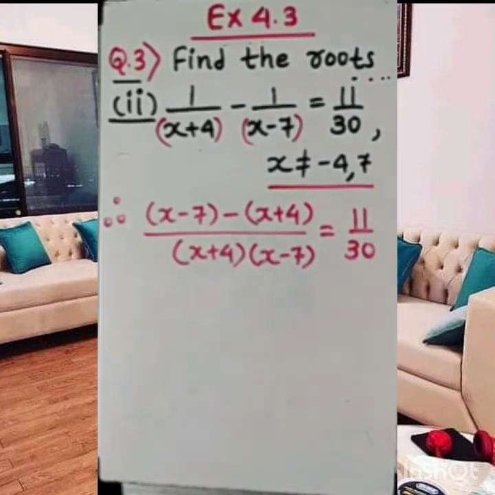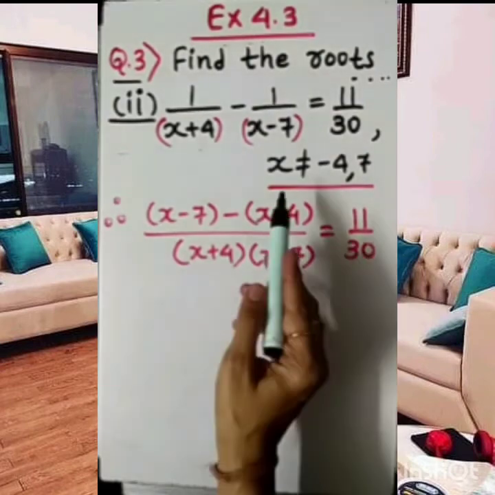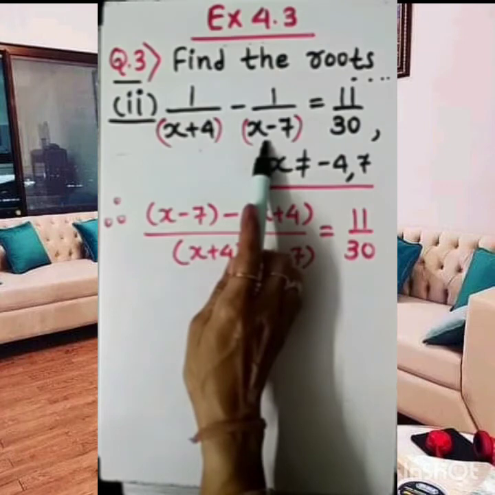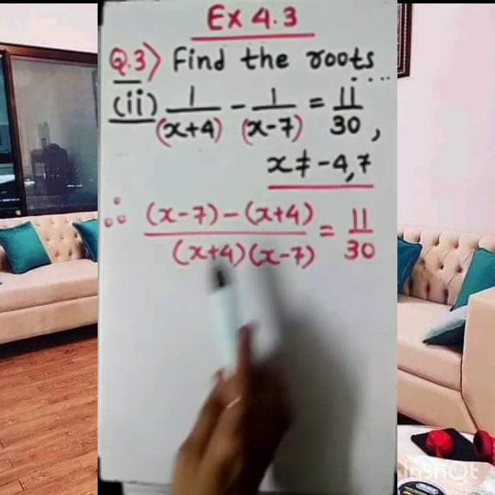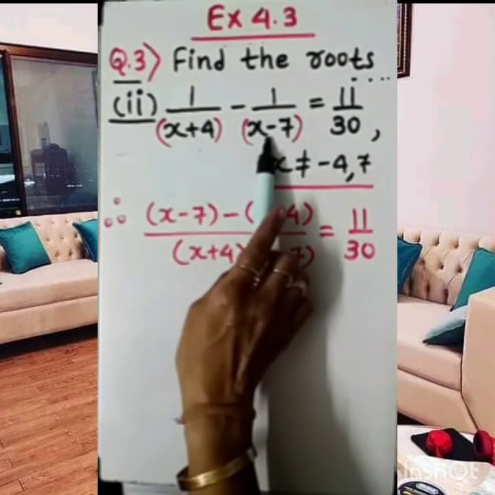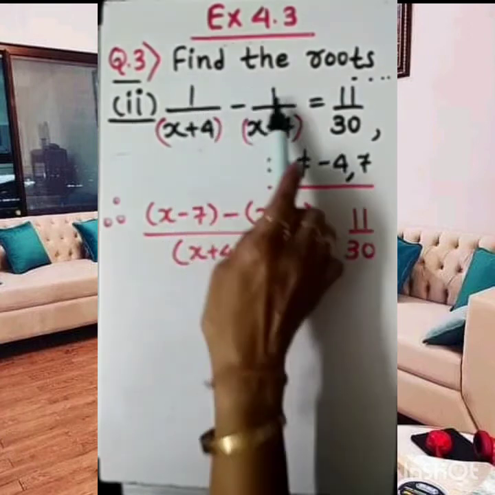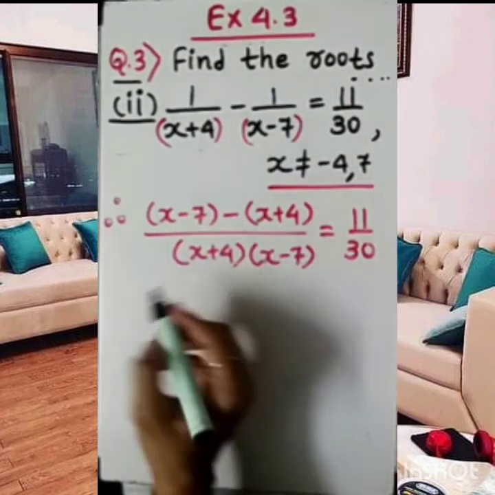Once again look at your screen, nothing I have done, only simple. I have taken both of these as an LCM, so I need to multiply this term with this and this term with this, just like an LCM.